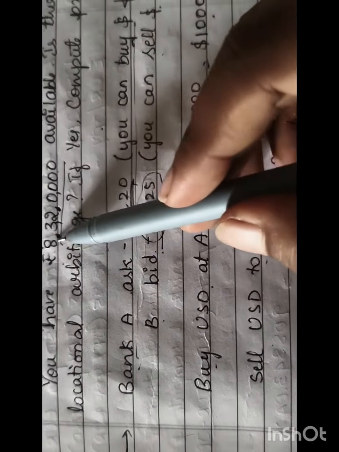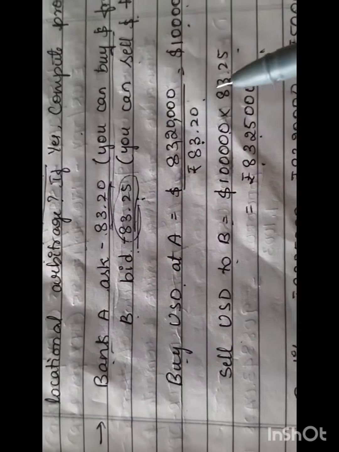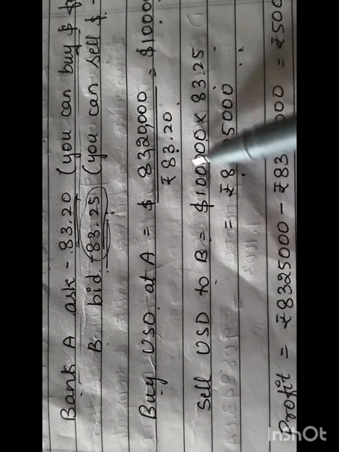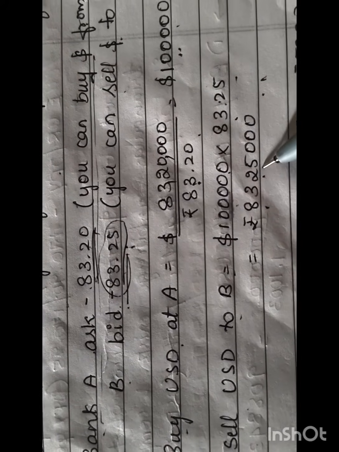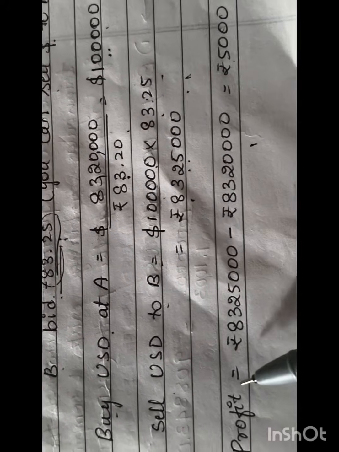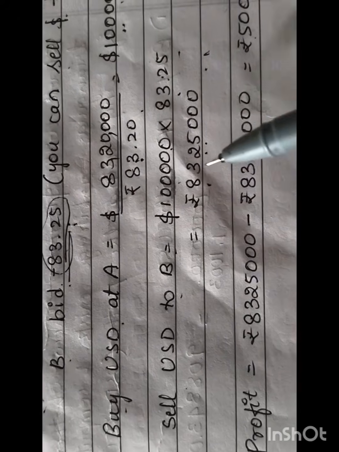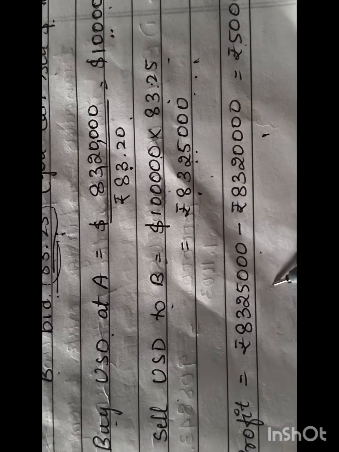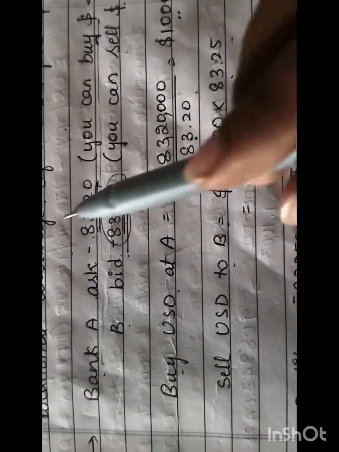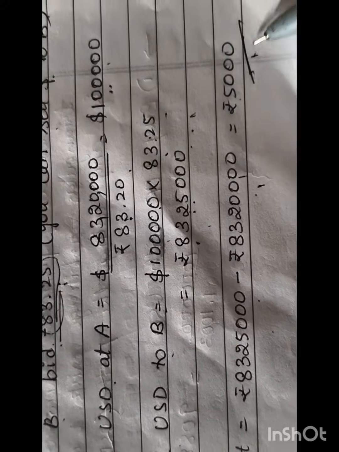So we had 83,20,000, and when we sell at 83.25 we get 83,25,000. Let's calculate the profit: 83,25,000 minus 83,20,000 which we had earlier. So we got a profit of 5,000.